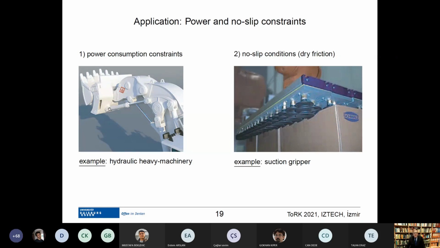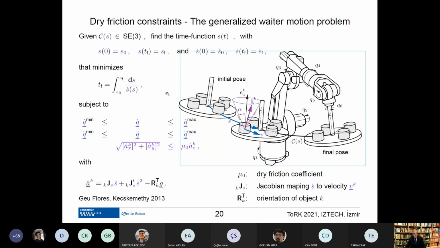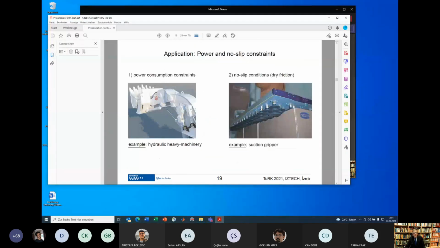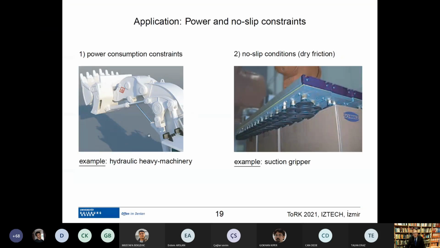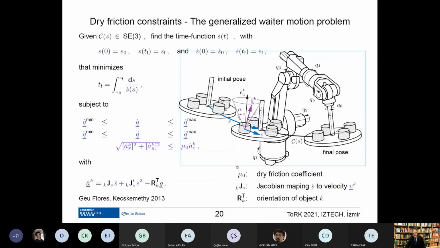For example, in hydraulic machines, where one wants to have optimal tracking of the shovel, but with limited forces at the cylinders, and also with limited power limits of the complete engine, or also no-slip conditions like with suction grippers.